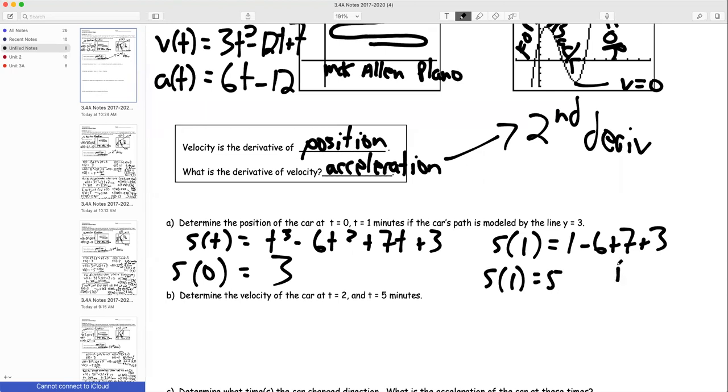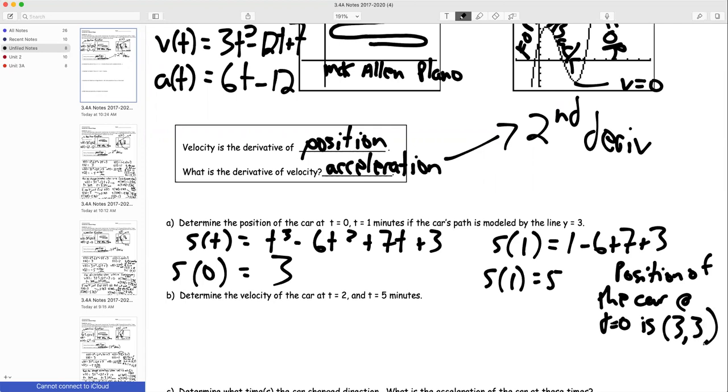So the position of the car at t is equal to 0 is (3, 3). And at t equals 1, it's going to be (5, 3).